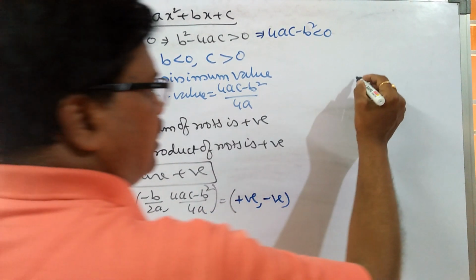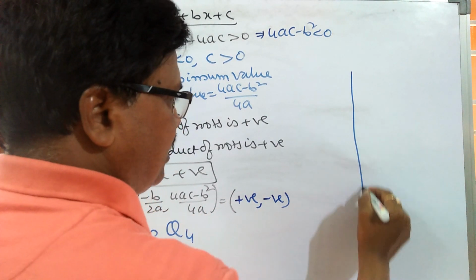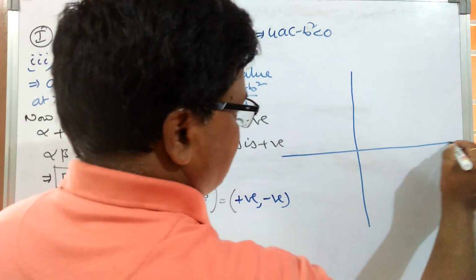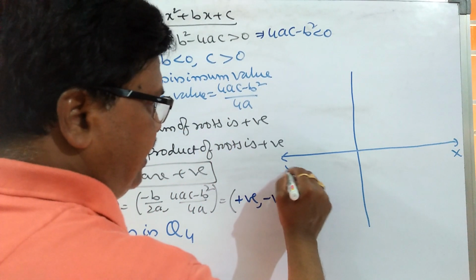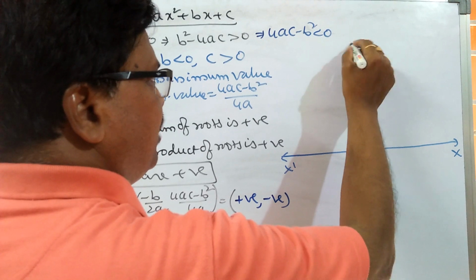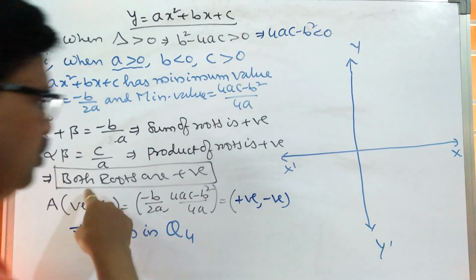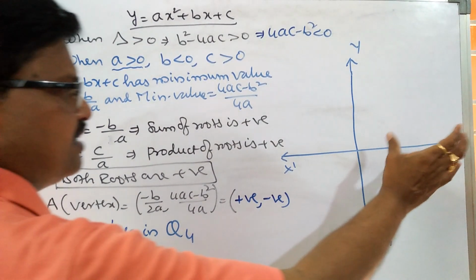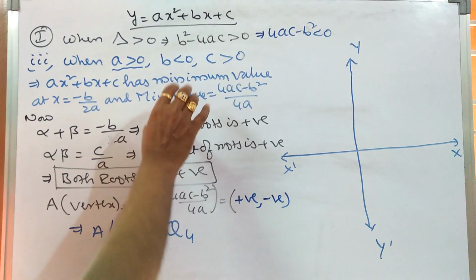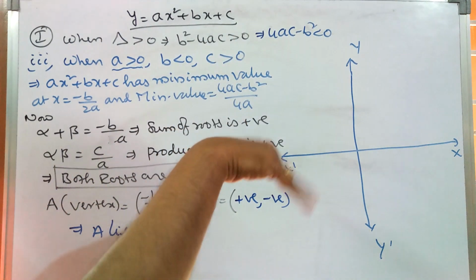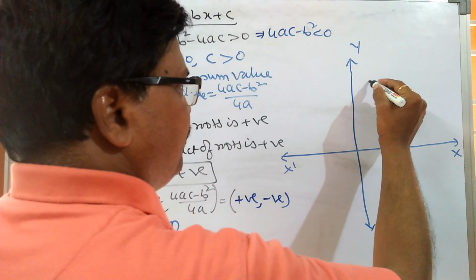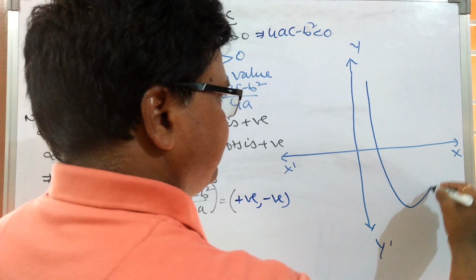Now let us try to draw the graph of y is equal to ax square plus bx plus c. In this case, with x dash, y dash, both roots are positive, so the graph intersects the x-axis at 2 points, and it is having minimum value. Minimum value means upward parabola. That means the graph will be like this.